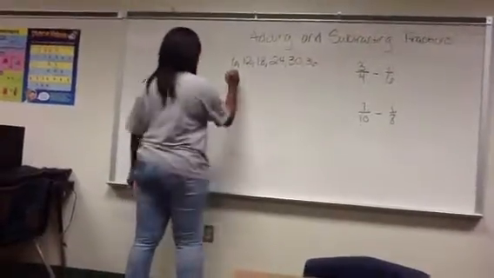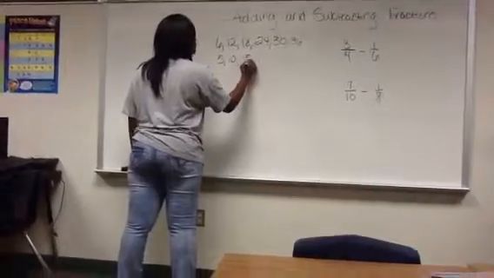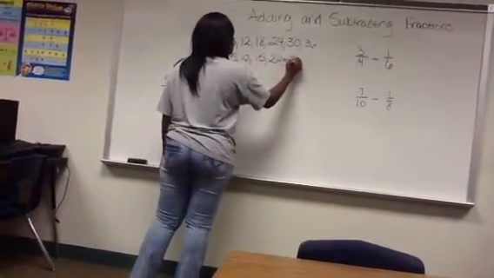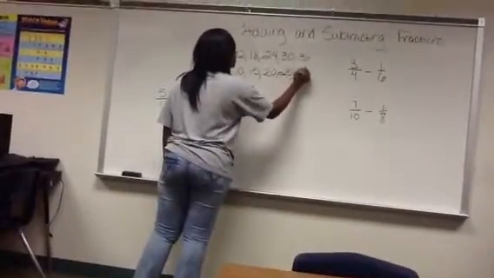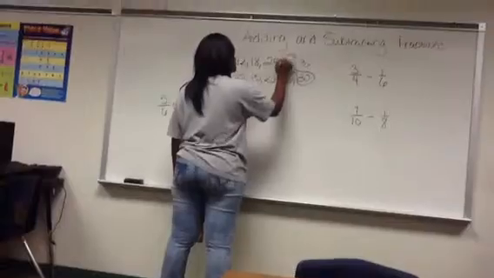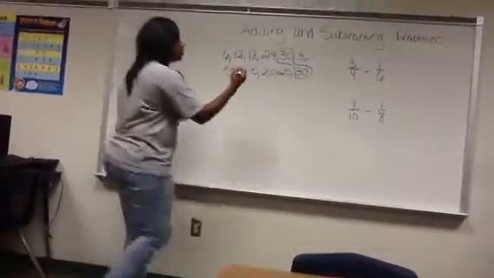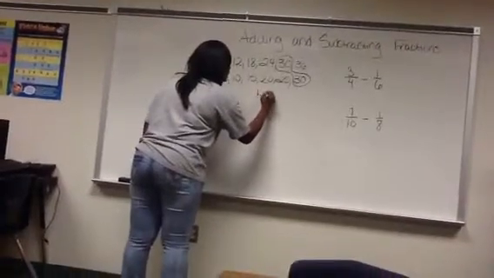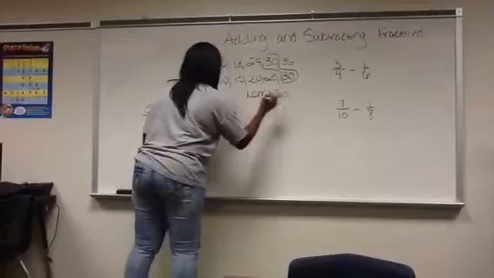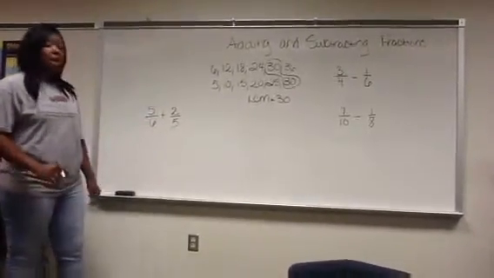Here's my list of 5s. 5, 10, 15, 20, 25, 30, and I believe we found the smallest number that 6 and 5 have in common. So for this problem, my least common multiple is 30. That tells me that I'd like for my denominators to also be 30.